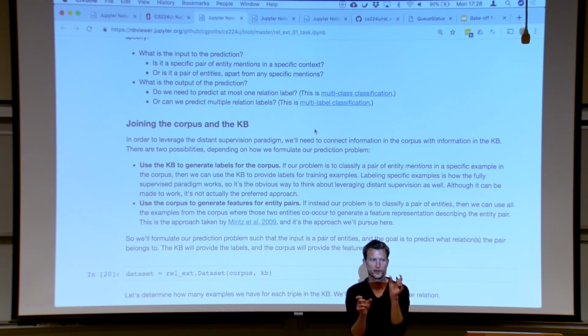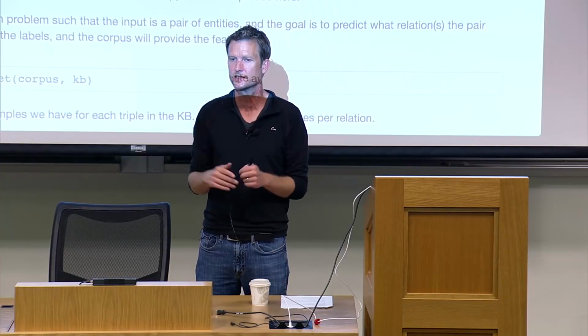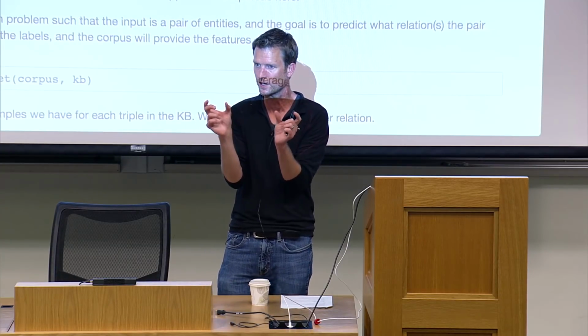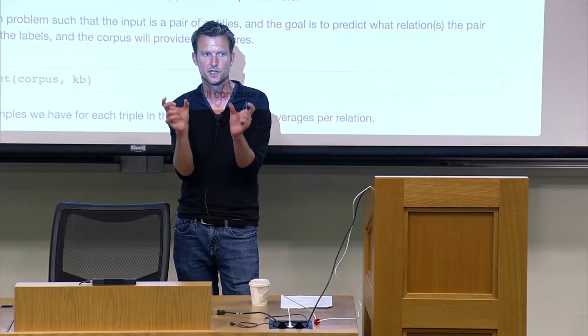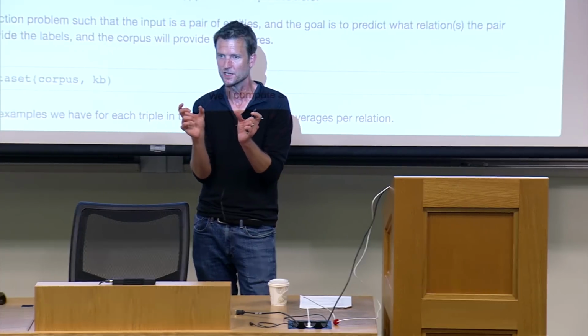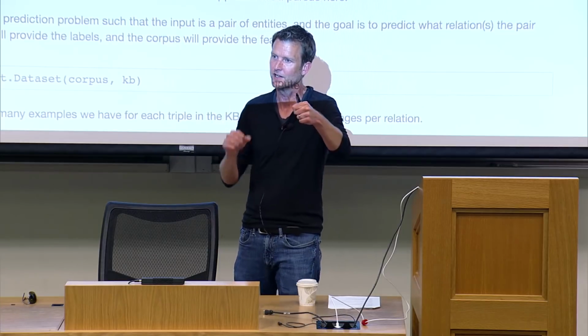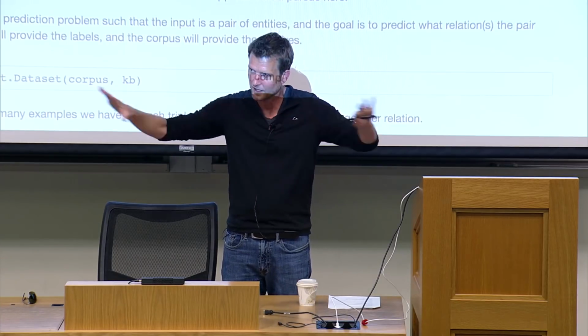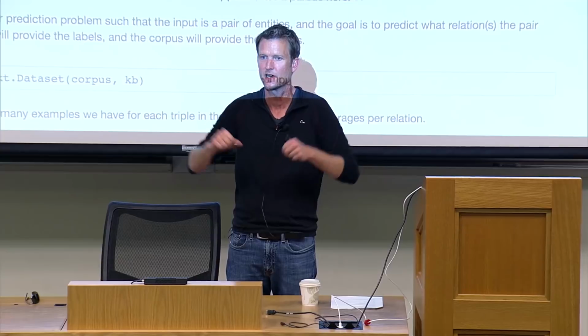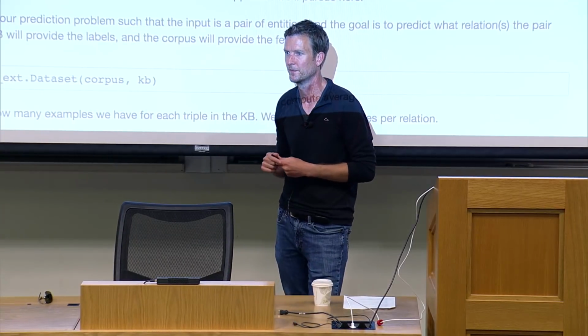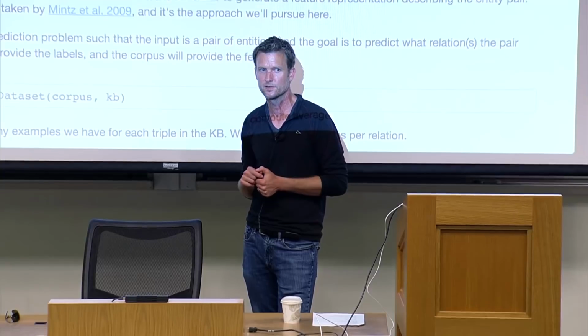So instead of trying to classify a mention of Elon and Tesla in a specific sentence, we're going to take all of the sentences where Elon and Tesla co-occur and use those to generate a feature representation, which will help us make a prediction about whether Elon and Tesla, in abstract, apart from any specific context, are related to each other. That's a really important step.